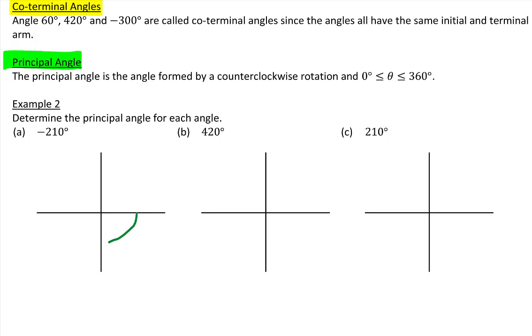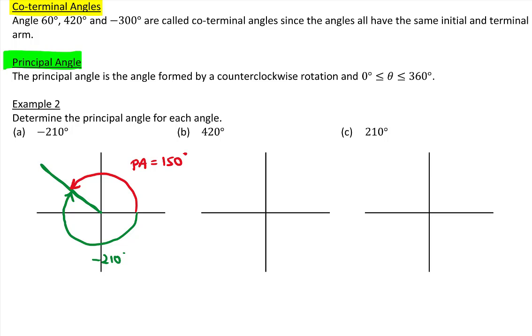Remember that's a clockwise rotation, and this will be into quadrant number 2. The principal angle is the one that rotates counterclockwise, starting from the positive x-axis. And we can see our principal angle in this example would be 150.